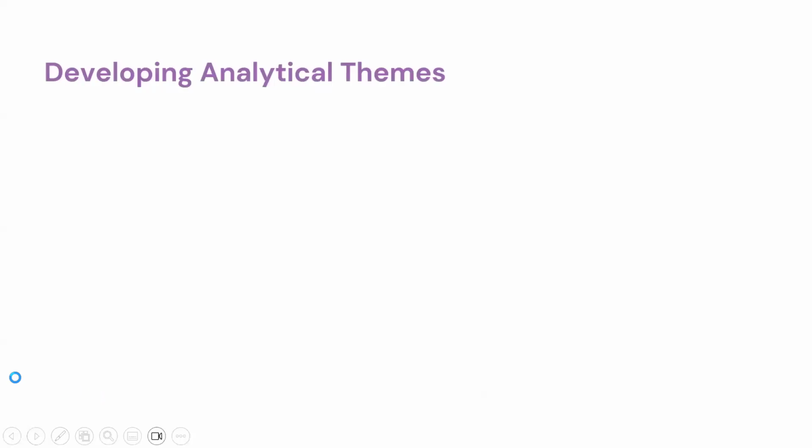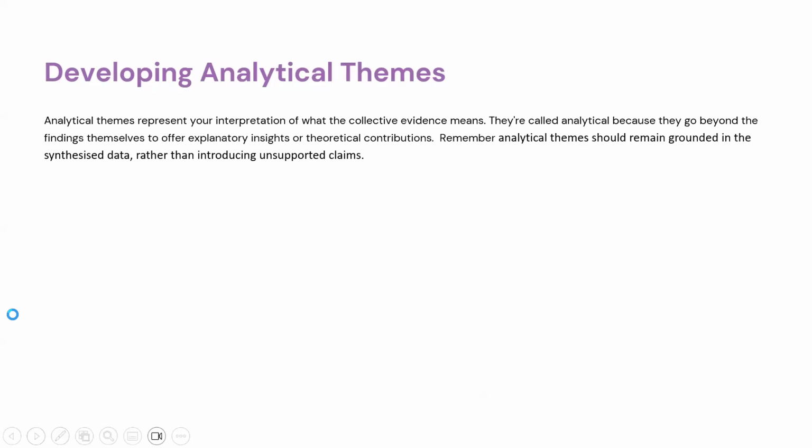So in terms of developing analytical themes, this is again another vital stage in the synthesis process. Analytical themes represent your interpretation of what the collected evidence means. They are called analytical because they go beyond the findings themselves to actually offer explanatory insights or theoretical contributions. And it's important to remember that analytical themes should remain grounded in the synthesized data rather than introducing unsupported claims.